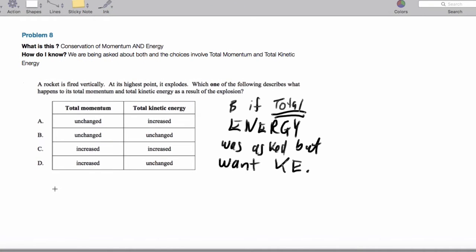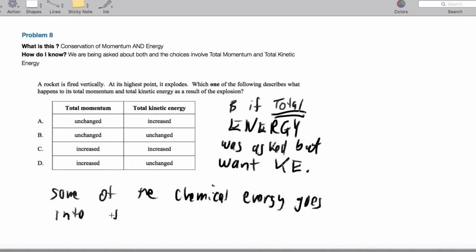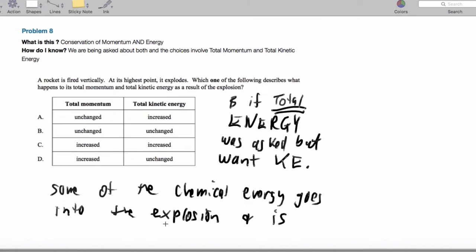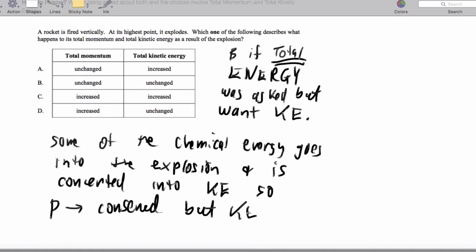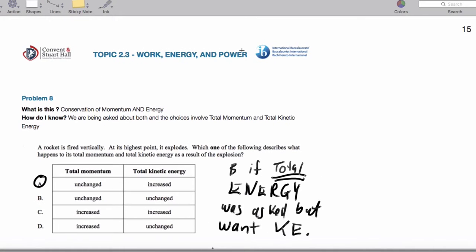Now here's what this means. Some of the chemical energy goes into the explosion and is converted into KE. So momentum is conserved, but kinetic energy increases. And that's how we are getting choice A as our answer.